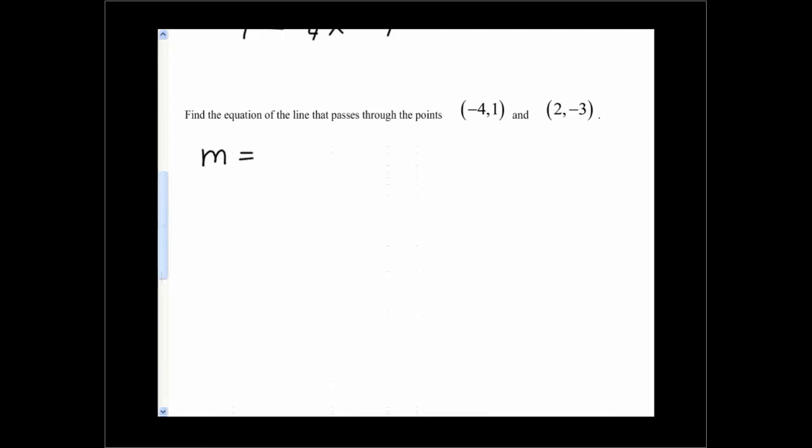Remember, we need to subtract our y coordinates, so we will have 1 minus a -3, then subtracting the corresponding x coordinates, -4 minus 2. 1 minus a -3 will be a +4, and the -4 minus 2 will be -6. Simplifying this fraction, we'll have -2/3.